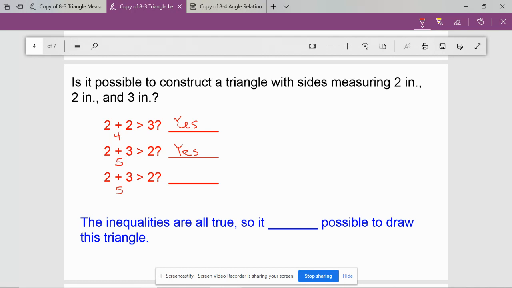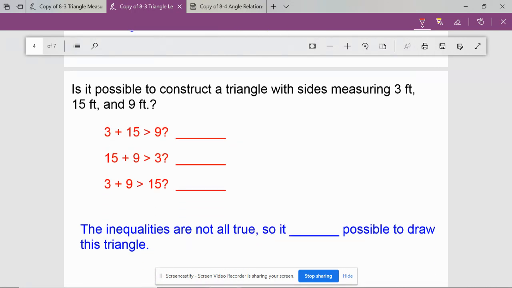Is that greater than 2? Yes. So all 3 of our combinations come up with yeses, right? So the inequalities are all true, so it is possible to draw this triangle. Again, 3 yeses means it's possible.